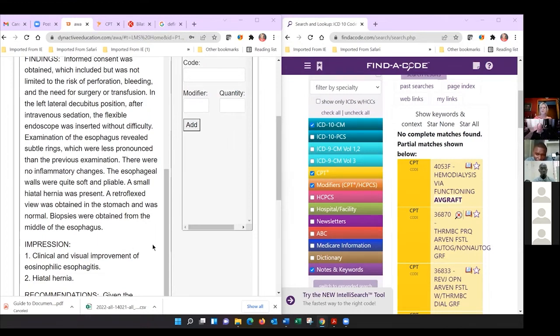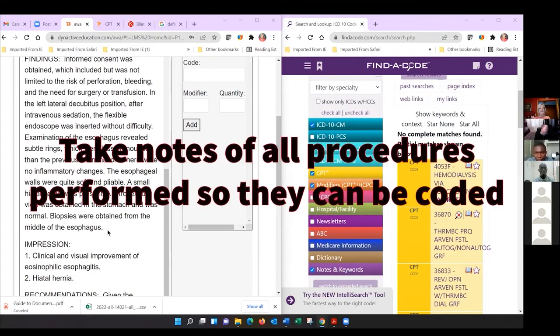It's what the gastroscope is looking at. But we need to know that biopsies are a separate procedure, because you've got viewing of the stomach and then you've got a biopsy. You won't always see that a biopsy is done in a gastroscope. So that's important. You've got to pick that up in your coding.